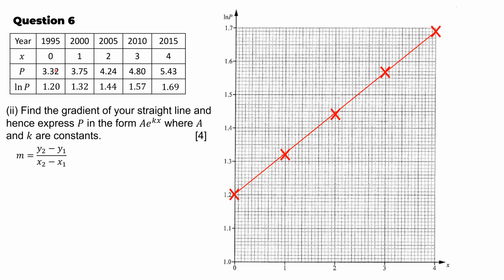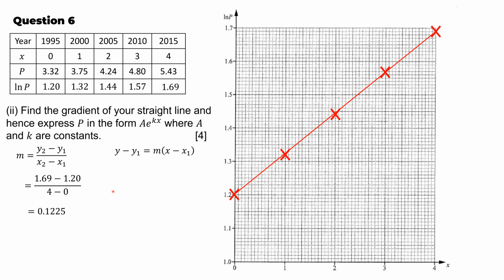You can choose any two points from the table. The first point is the last point, so y2 is 1.69, x2 is 4, and y1 is 1.2, and x1 is 0. We press the calculator and we get 0.1225.